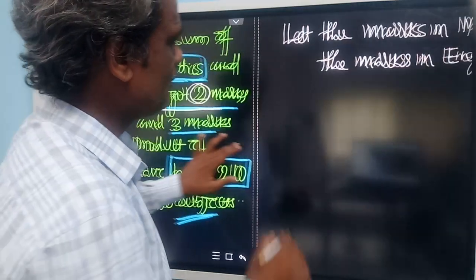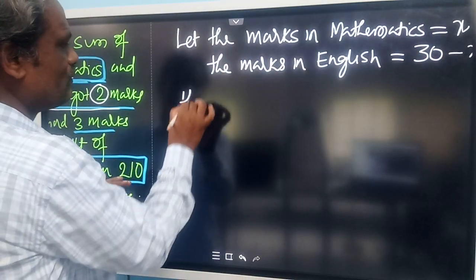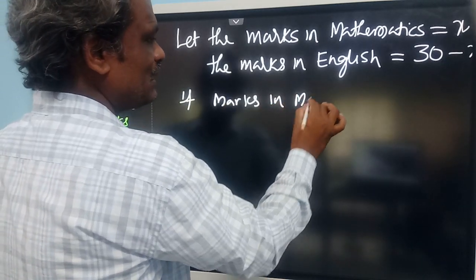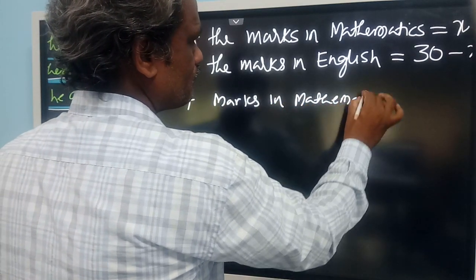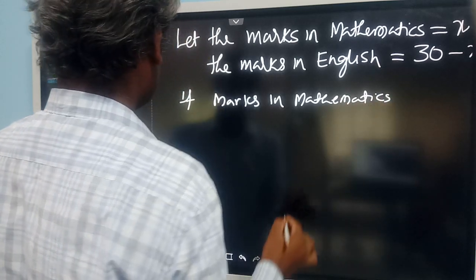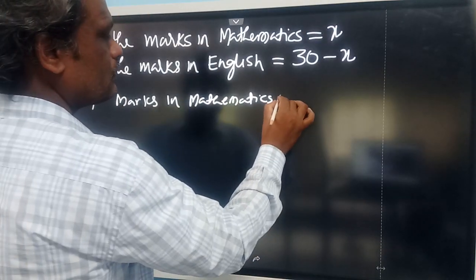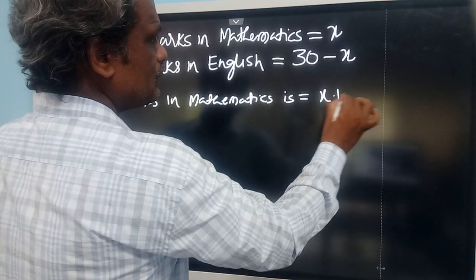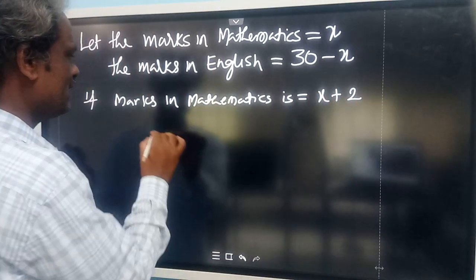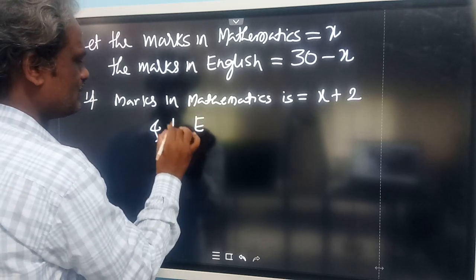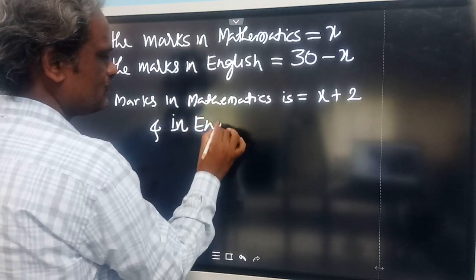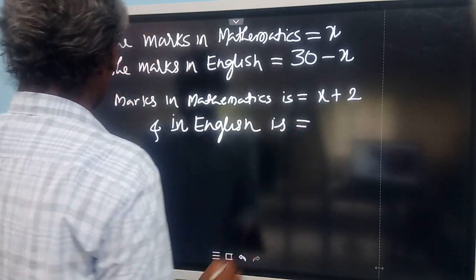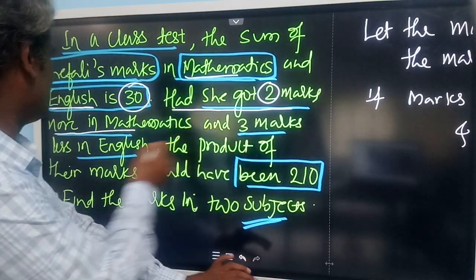So now by data, the marks in mathematics is x plus 2, 2 marks more in mathematics, and in English, 3 marks less.